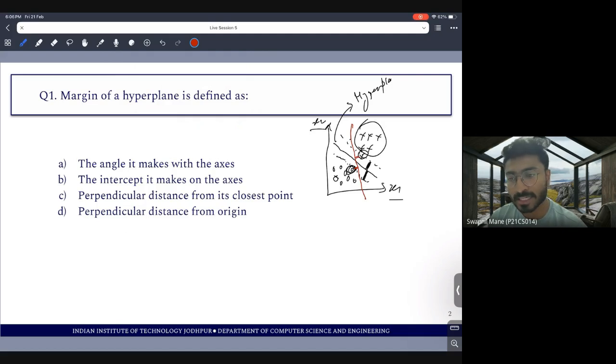So in the training process, this hyperplane is adjusted or tuned in such a way that the marginal distance between the closest points of the respective classes is higher. So this distance we call a margin. Okay. And this dotted line is called a marginal line.